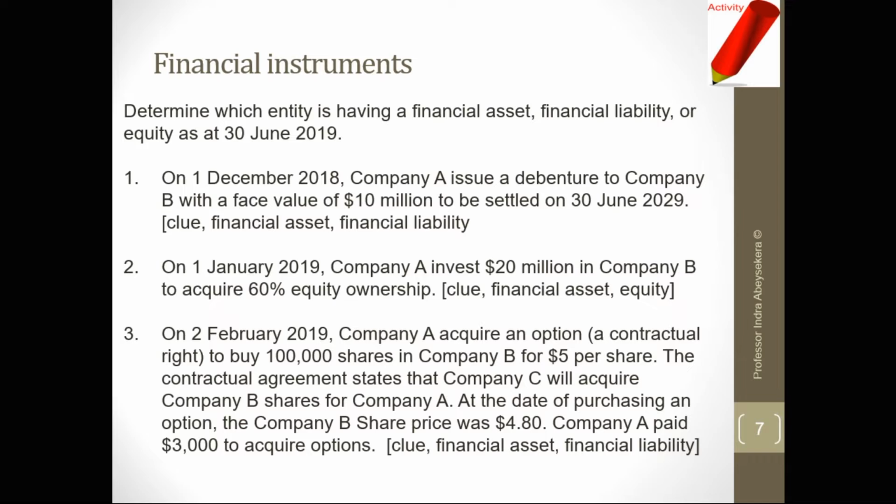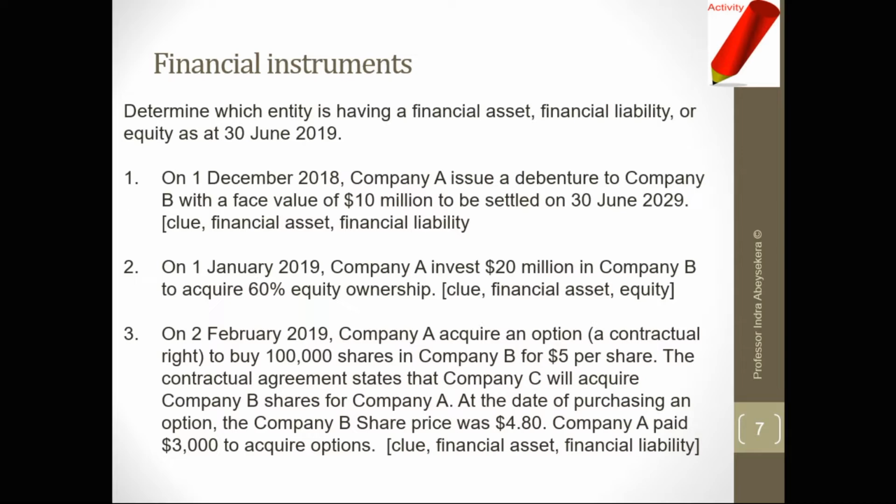So let's look at an example of financial assets, financial liability, or equity. On the first item, company A issues a debenture to company B, which means company A has a financial liability.